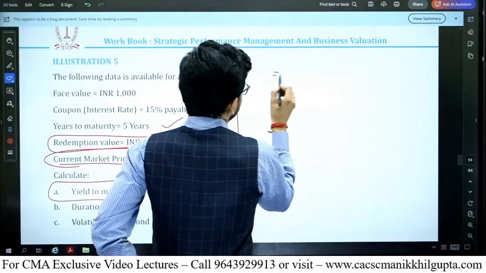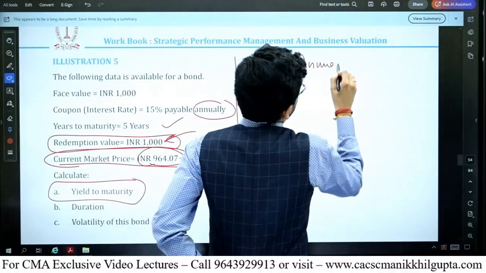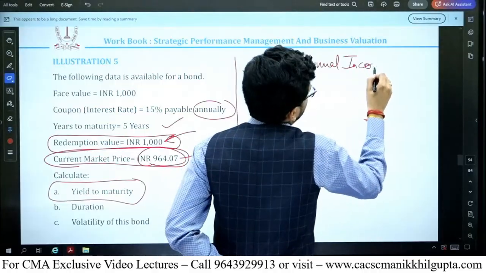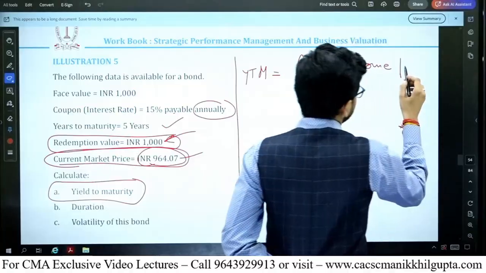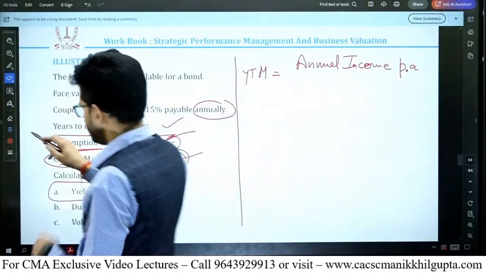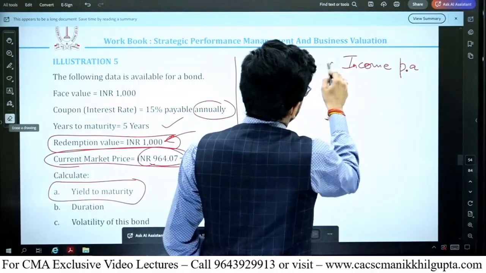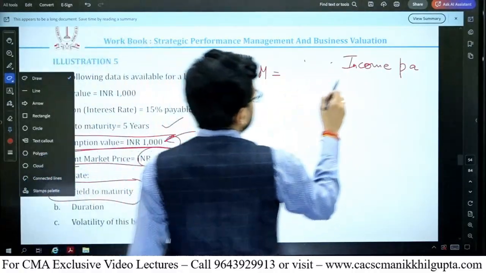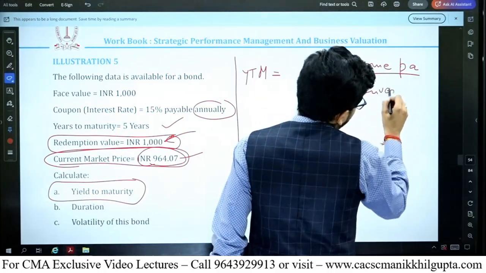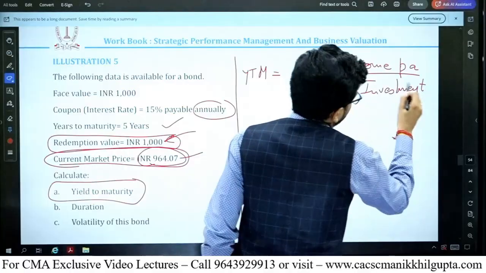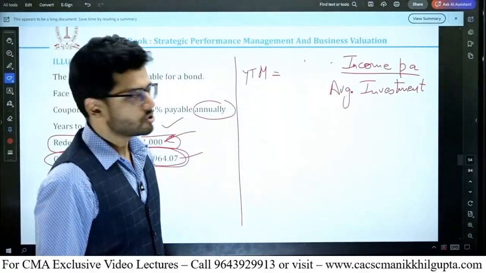The formula of yield to maturity will be the income per annum from this particular share, not annual income but income per annum, divided by the average investment, the average of opening and closing investment. That is the formula which we'll use to calculate the YTM.